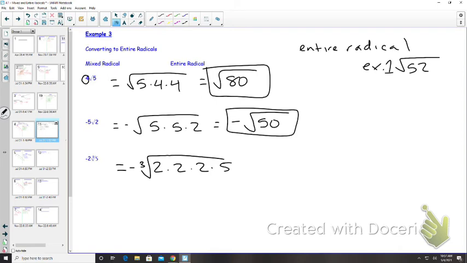If it's a cube root, you're going to have 3 of them, just like if it's a square root, you only have 2 of them. So 2 times 2 is 4, times 2 is 8, times 5 is 40. So negative 2 cube root of 5 is equal to the negative cube root of 40.